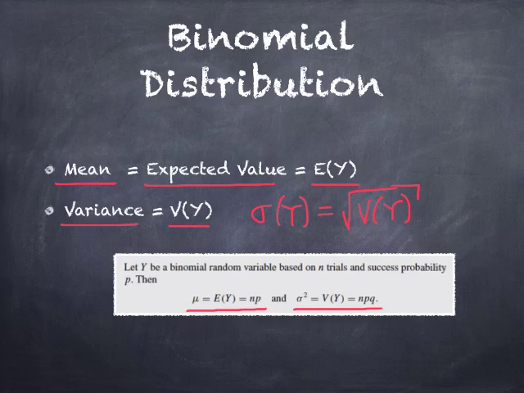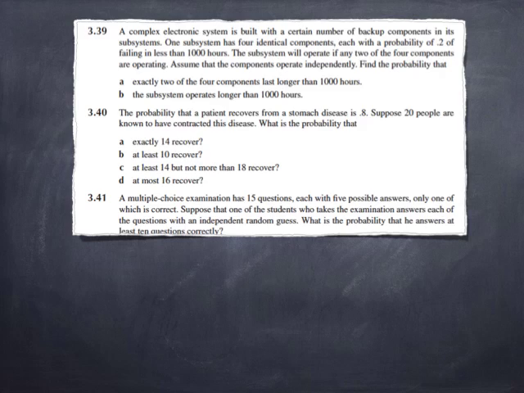And if you want to get the variance, this is n times p times q. You remember that in this case, the variance is the same as n times p times 1 minus p. Some books have q as the probability of failure, some other have 1 minus p. So let's solve a couple of examples here.